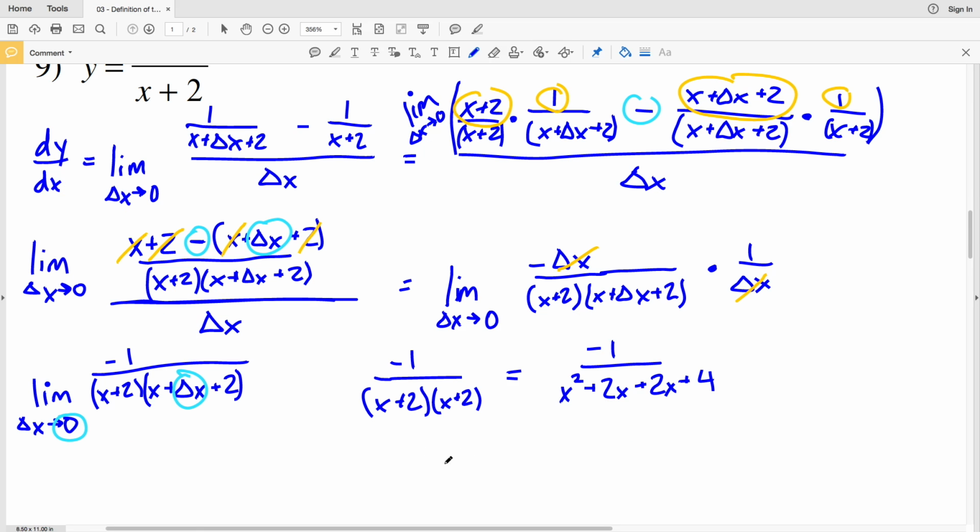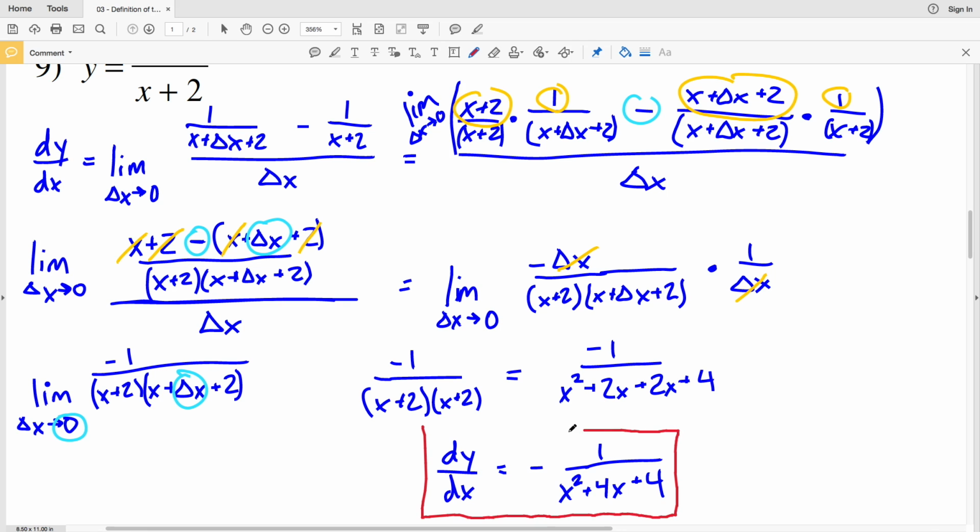Therefore, in number 9, my derivative of y with respect to x equals negative 1 over x squared plus 4x plus 4. And that's my solution in number 9.